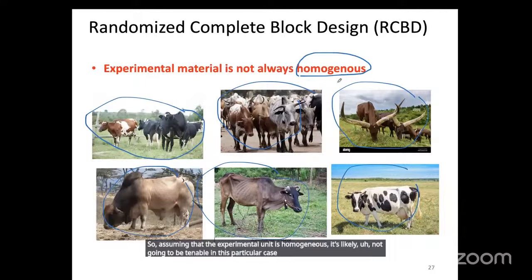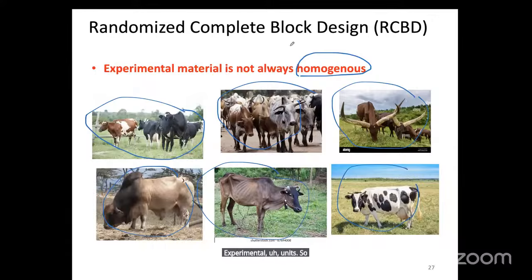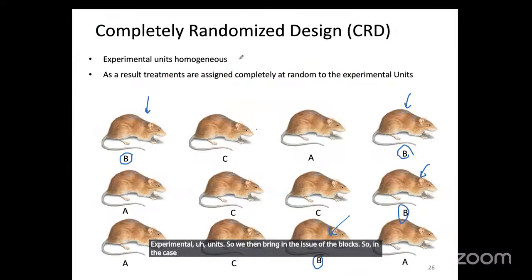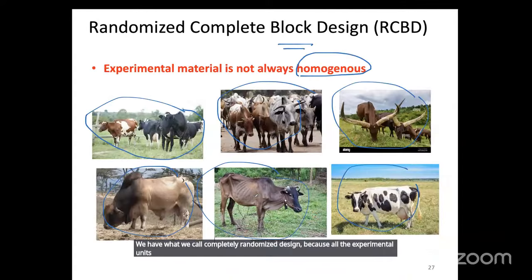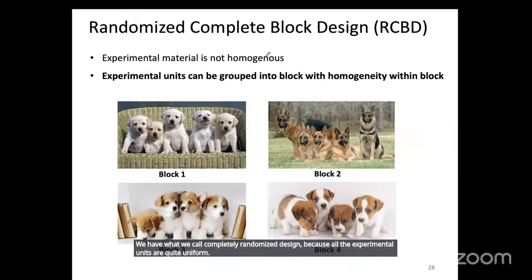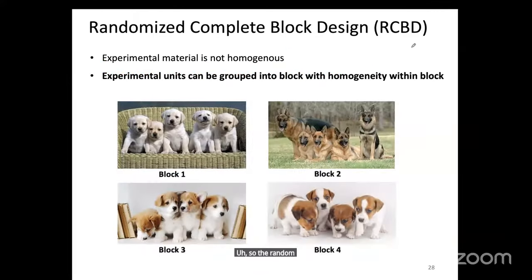So we need a design that will take into consideration the fact that we have different experimental units. So we bring in the issue of blocks. In the case of our rats here, we have what we call a completely randomized design because all the experimental units are quite uniform. In the randomized complete block design, we group our experimental units into blocks.